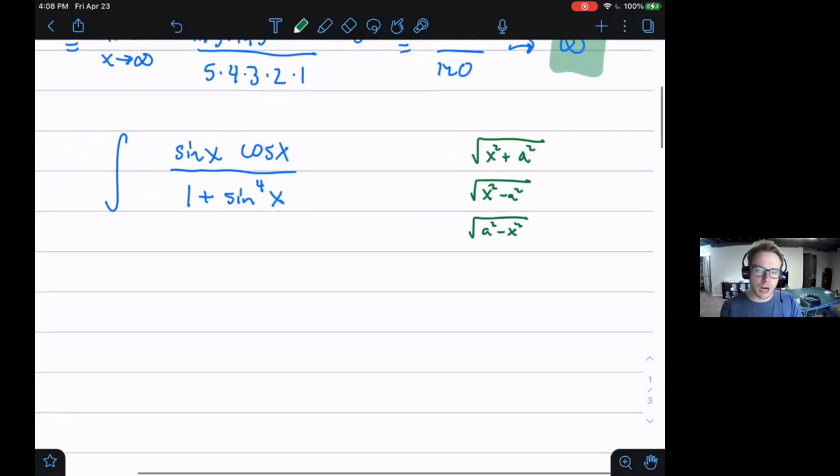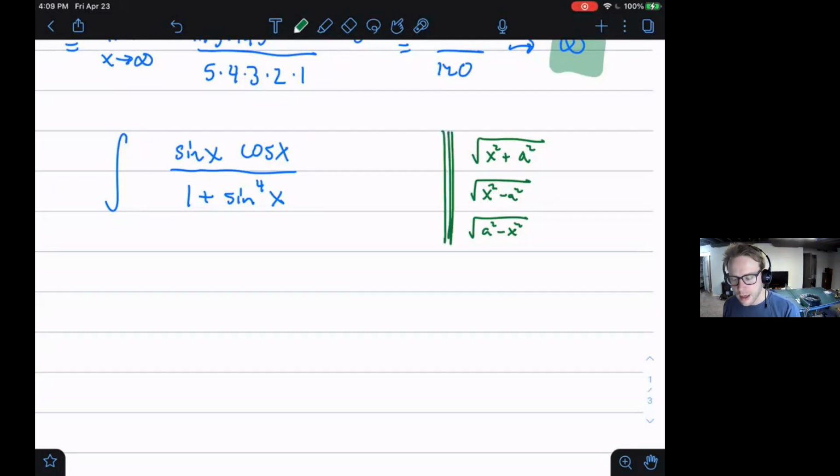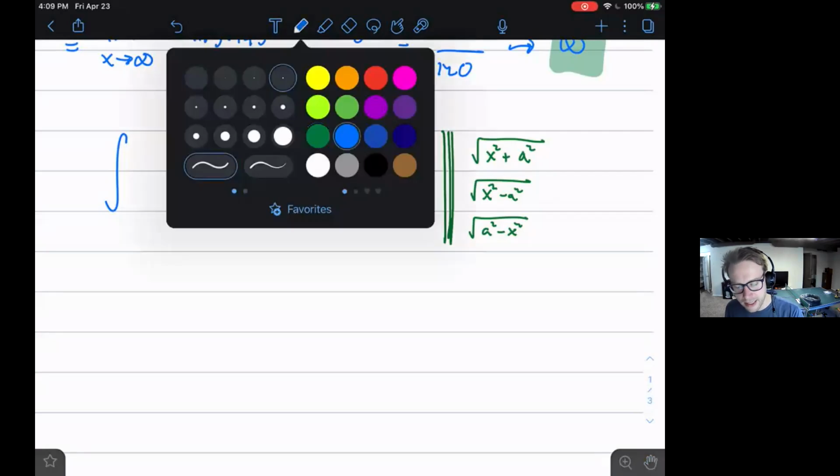And so that's why this problem right here doesn't really particularly scream trig sub to me, right? I don't see anything that looks like these things here. And so I do think that this will be in the form of a U substitution, but even then, it's not exactly obvious.